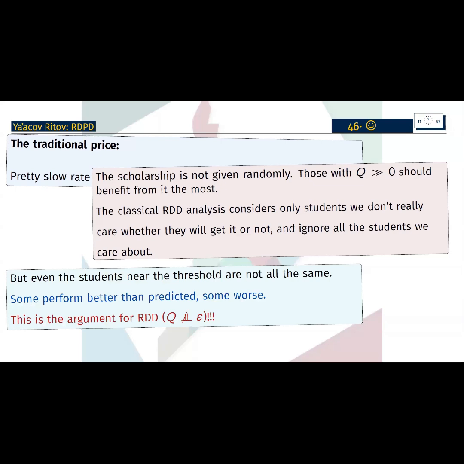Some are relatively good compared to what could be hoped, and some are relatively worse than what could be hoped given what we know about them, what we could predict. So considering them to be all the same, just randomly assigned from two sides of the threshold, is sort of misleading.